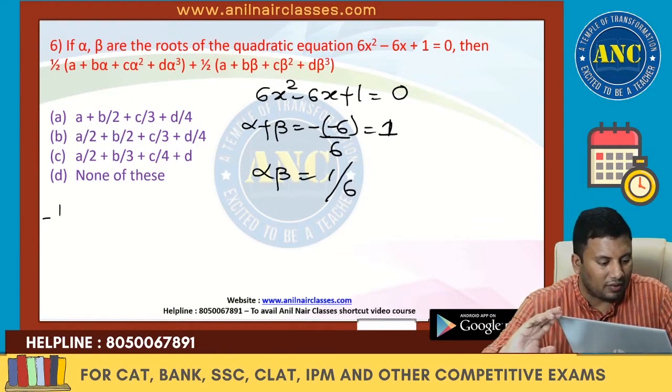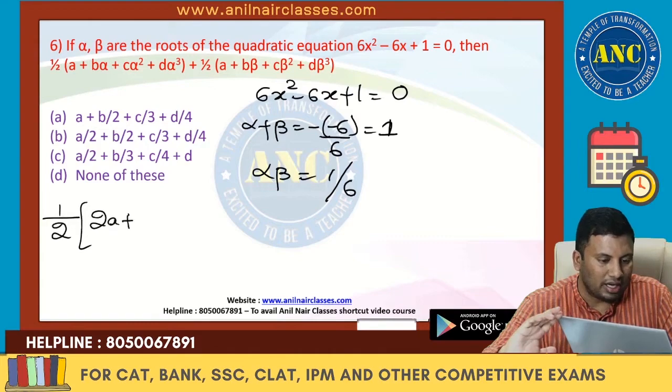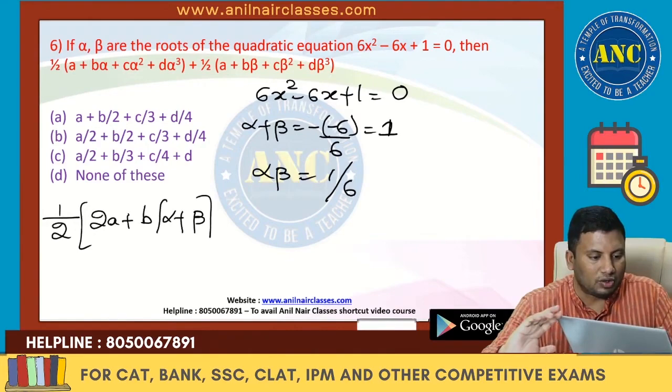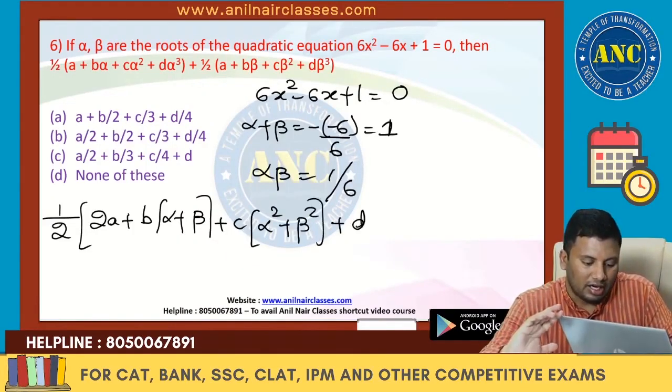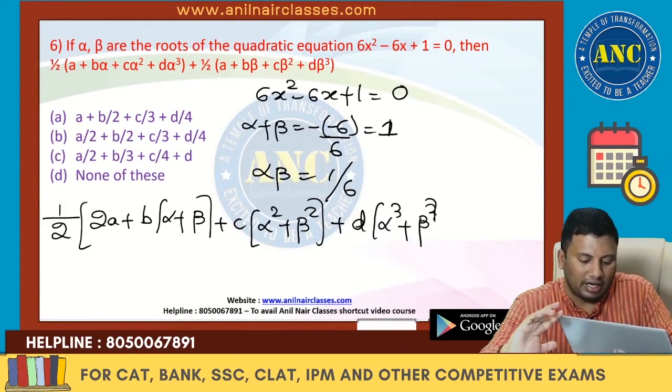Clearly in the equation I can see half of a plus a is 2a, plus b into alpha plus beta, which I already got. C into alpha square plus beta square I need to determine. D into alpha cube plus beta cube I need to determine.